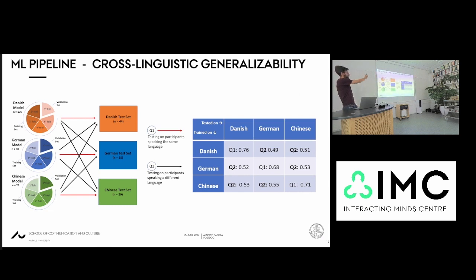When we trained a voice-based machine learning model in a specific language or corpus, like the Danish one, and tested it on new participants from the same corpus, the performance of the classifier was generally good, comparable to the state of the art, between 70 and 90%. And when we tried to test the generalizability of a model in a different language or sample, the performance dropped to chance level, so it was very poor.